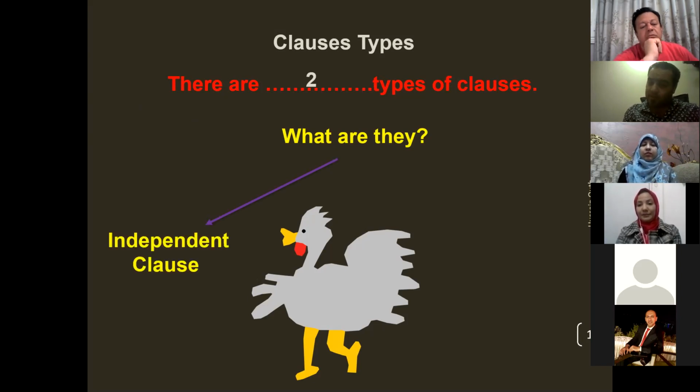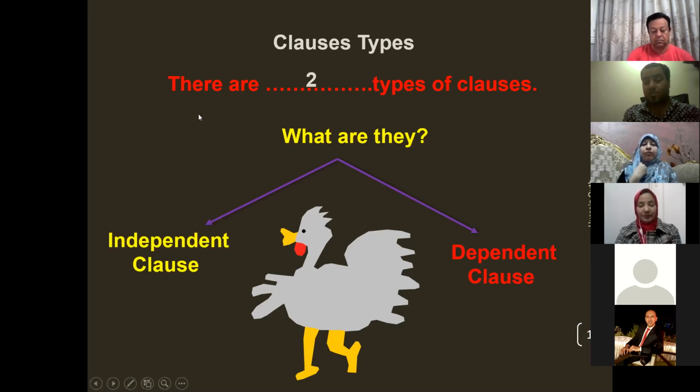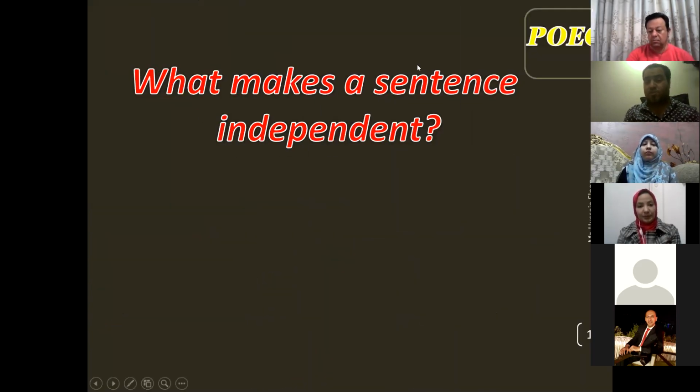Independent and dependent. Two or four? Two, because we have four different types of sentences. However, the clause itself is either independent or dependent. And there is a difference, and we're going to cover what the difference between them is now.